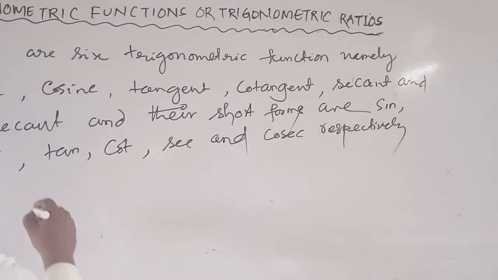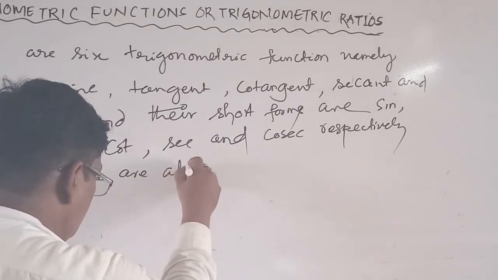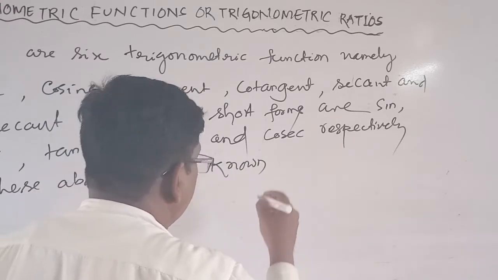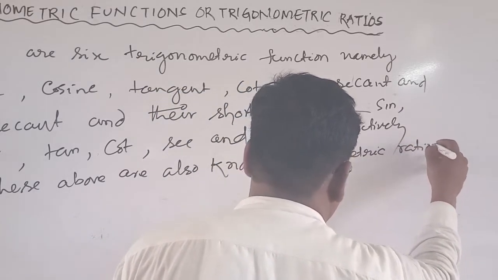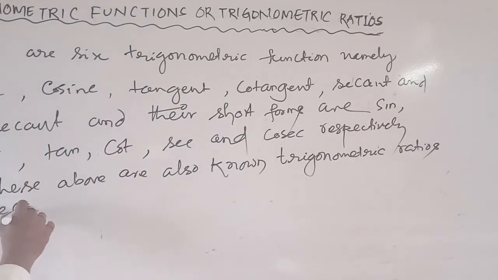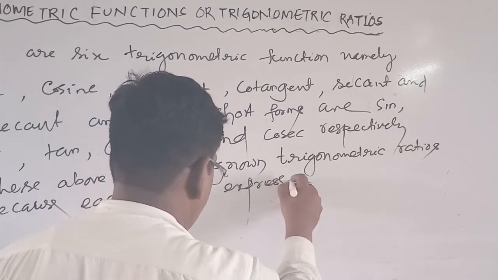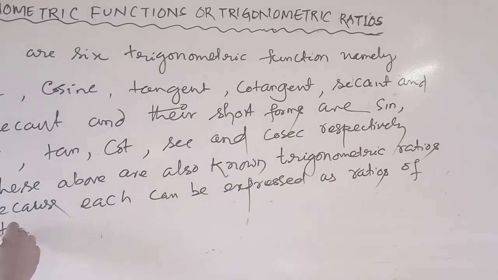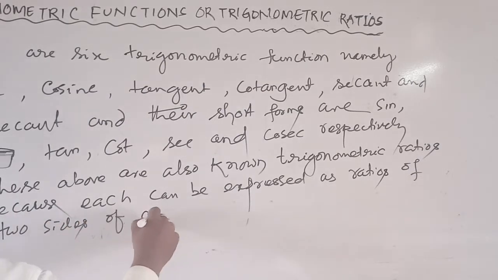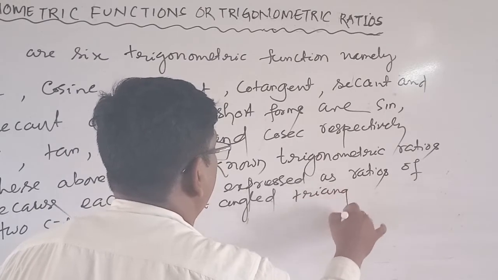These above are also known as, or also called trigonometric ratios, because each can be expressed as ratios of two sides of a right angled triangle. Okay, a right angled triangle.